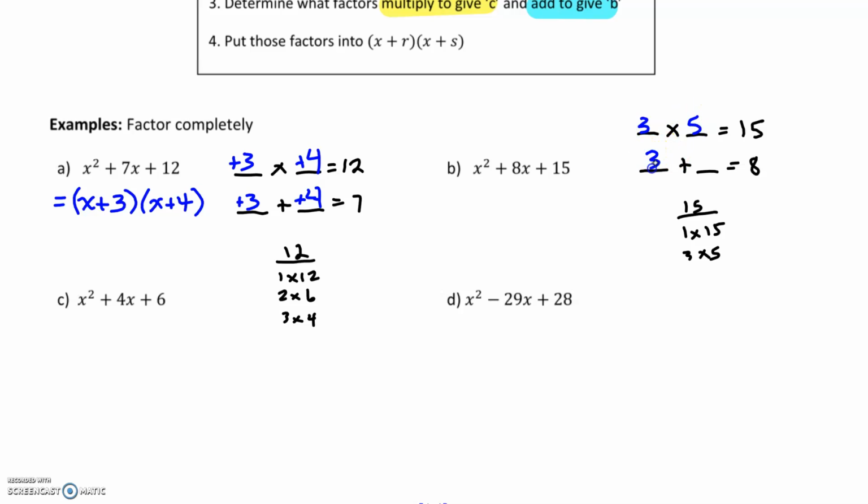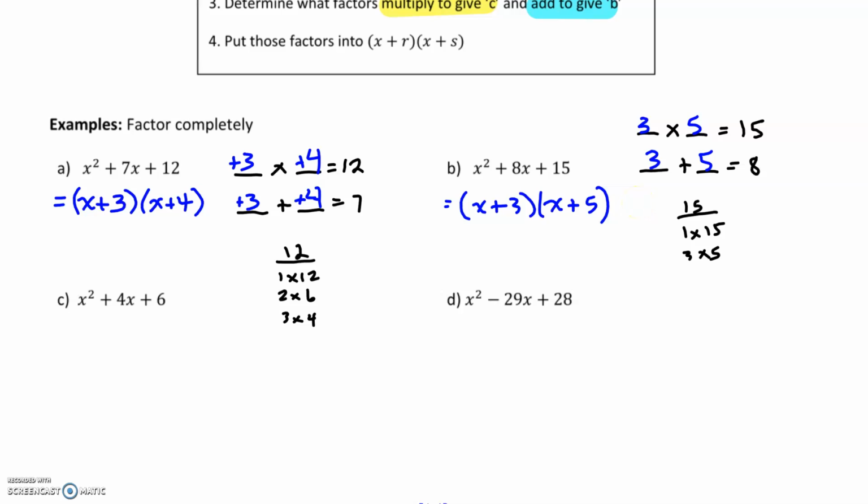And they need to both be positive in order to result in a positive 15 when you multiply and a positive 8 when you add. So now we go to our brackets and we get x plus 3 and x plus 5. We use these factors 3 and 5 and just put them into the binomials, into the brackets.